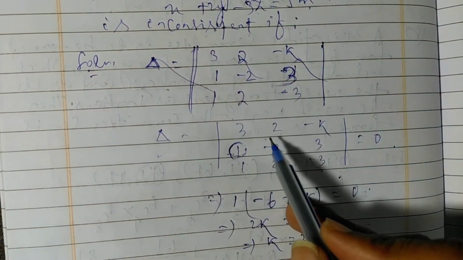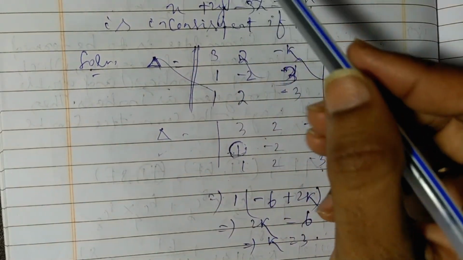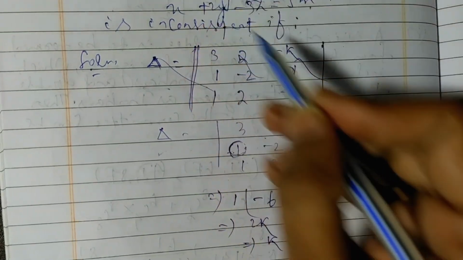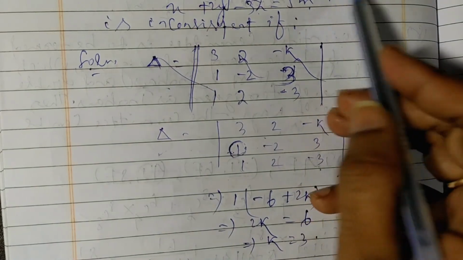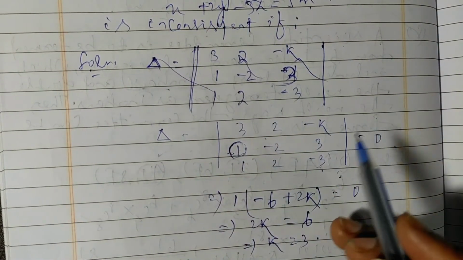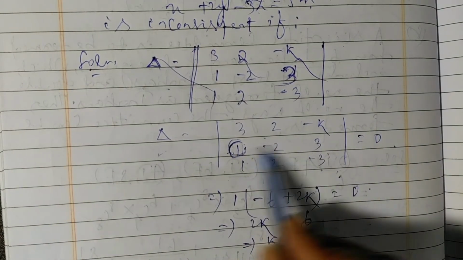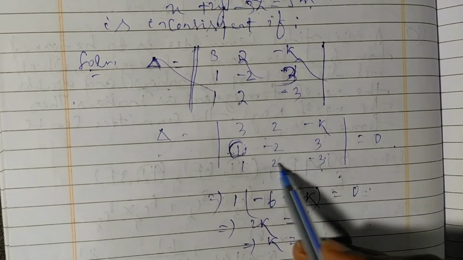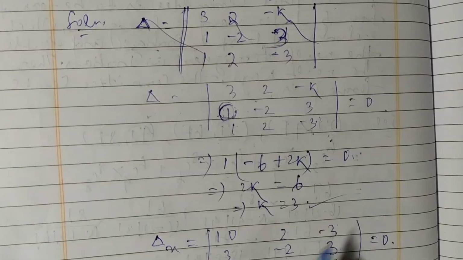Delta is equal to the determinant with rows 3, minus 2, minus k; 1, minus 2, 3; 1, 2, minus 3. Expanding along the second row, 1 whole into minus 6 plus 2k is equal to 0, so 2k is equal to 6, k is equal to 3.